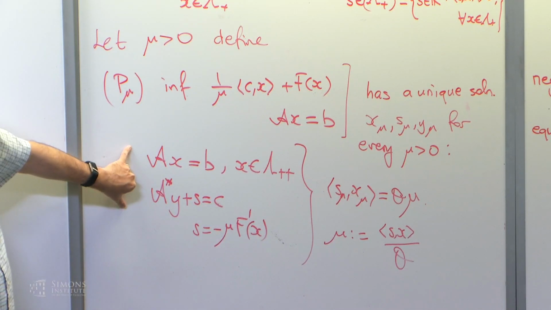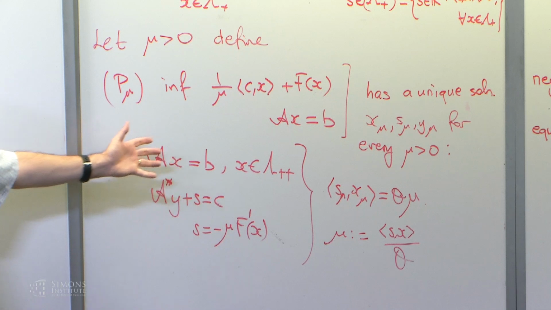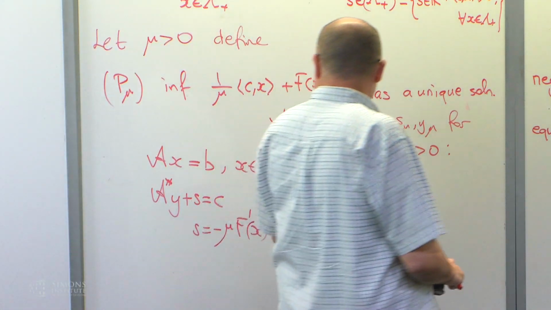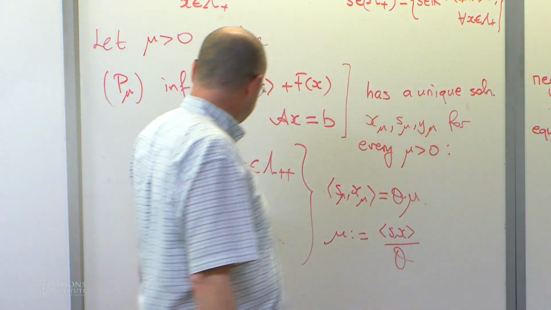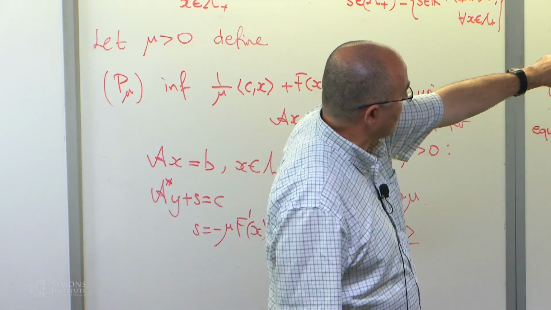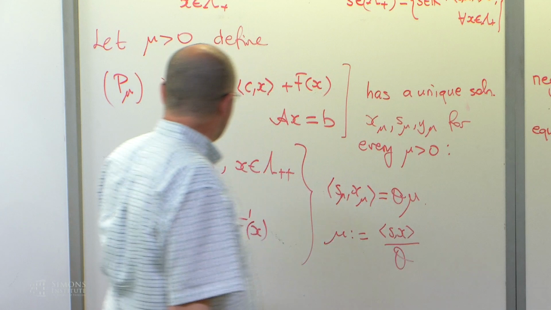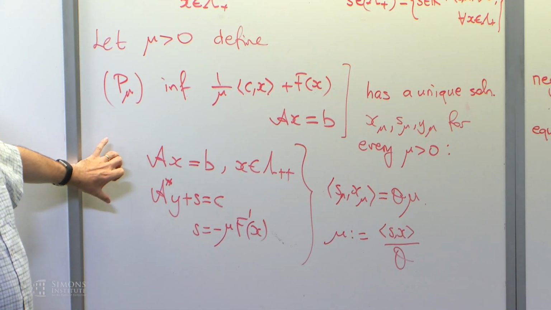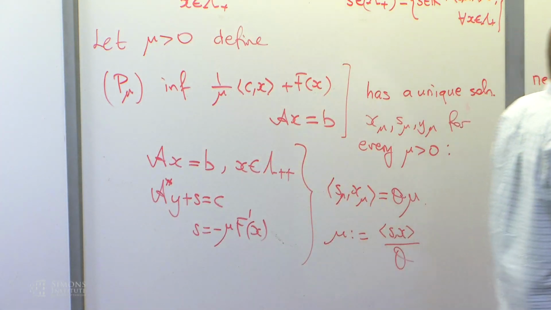So this set of unique solutions, x mu, s mu, y mu, defines what we call the central path, and it's a central object in interior point methods. And so then what we can do is generate algorithms where we choose our local metric very carefully, and we somehow loosely or closely follow the central path.